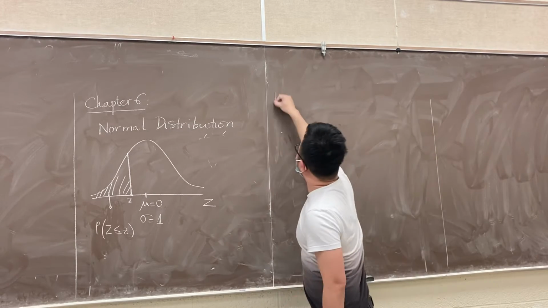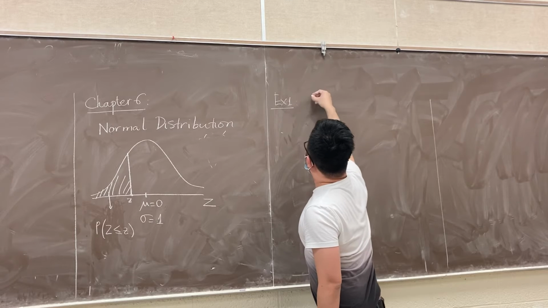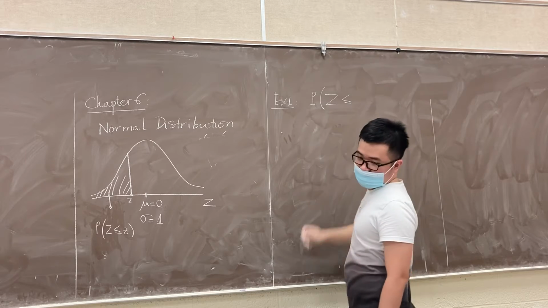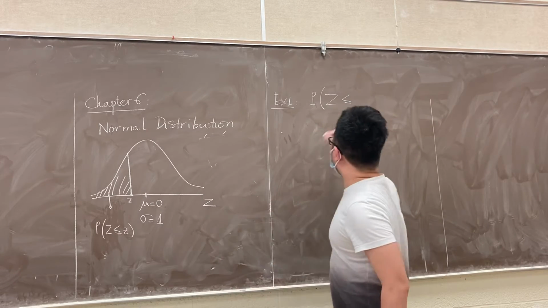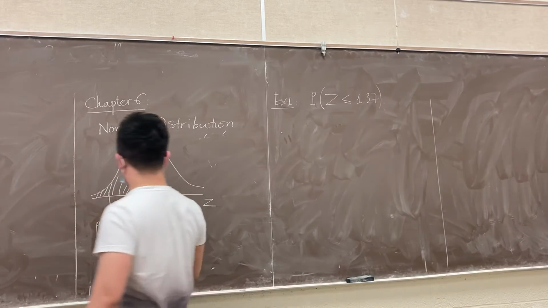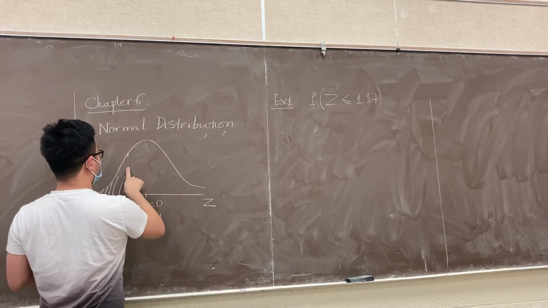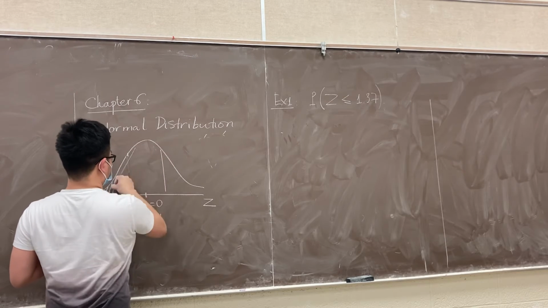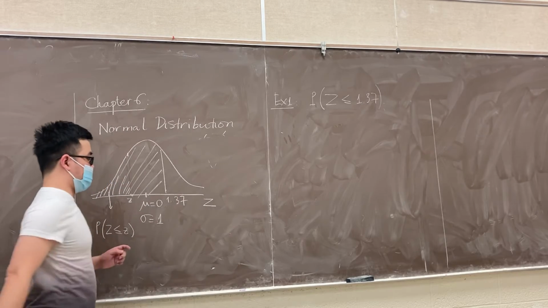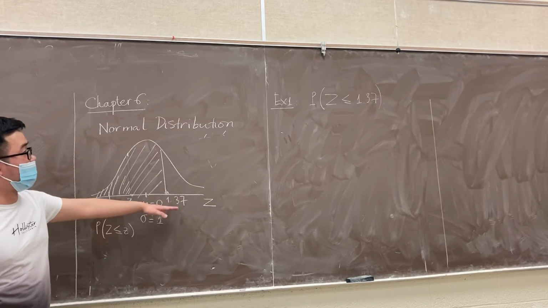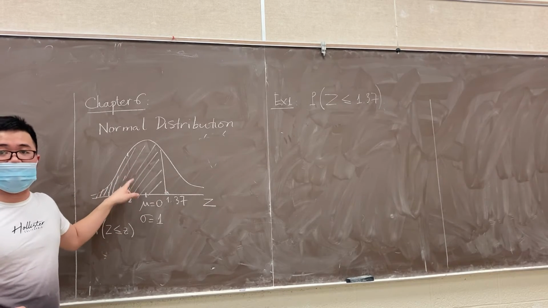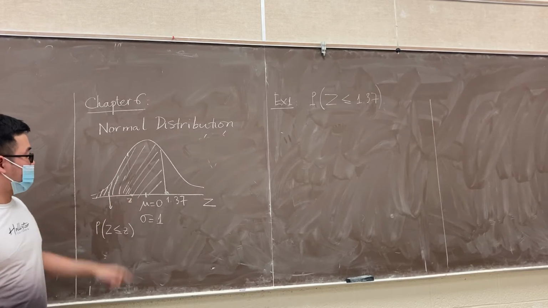Example 1: I want to calculate the probability of Z less than 1.37. That means I want to calculate the area of this region.